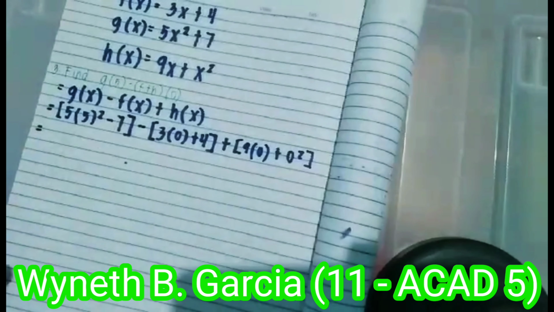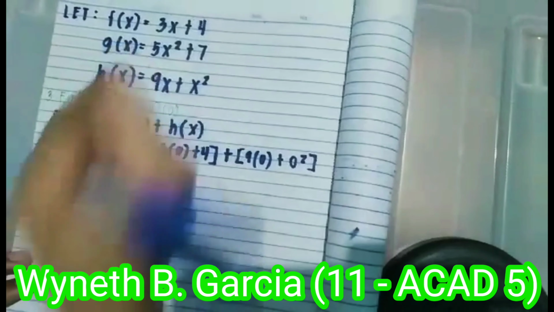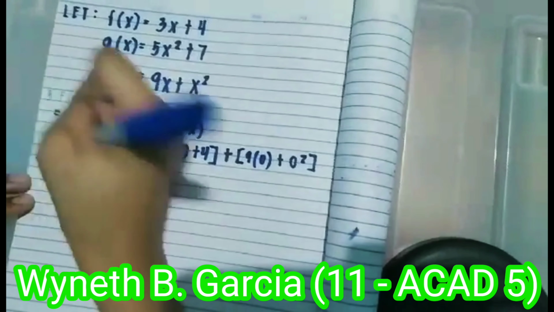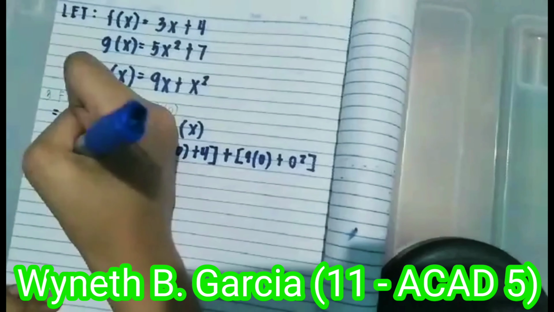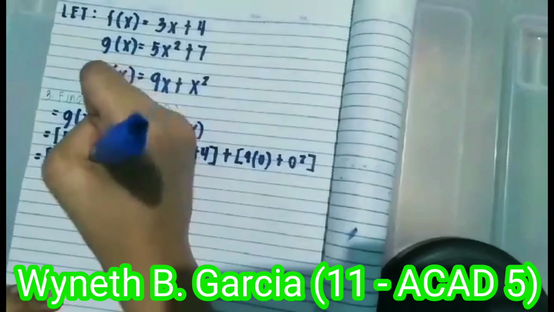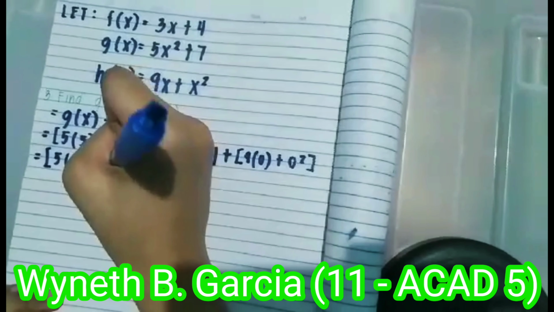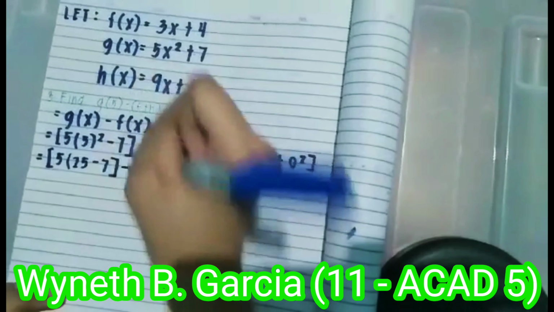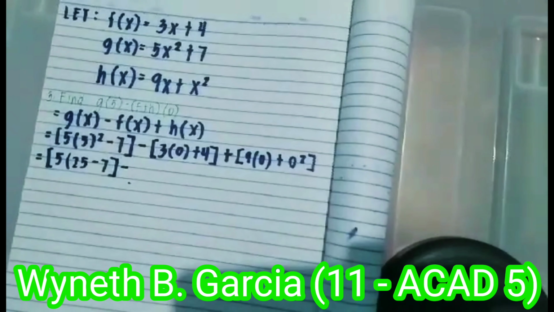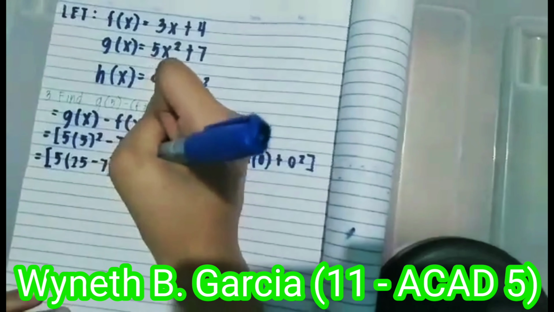Now, so bring down 5, let's multiply this first. So, 5 to the second power is equal to 25 minus 7. Then, minus any number multiplied by 0 is equal to 0.